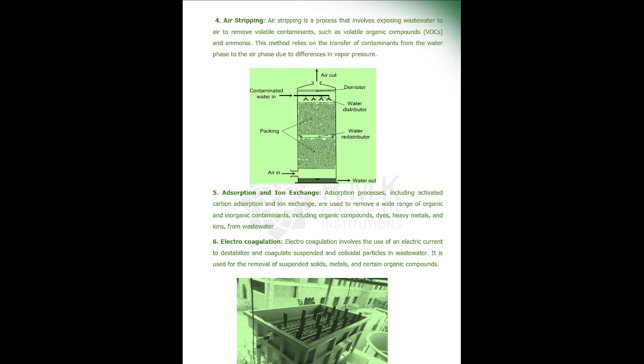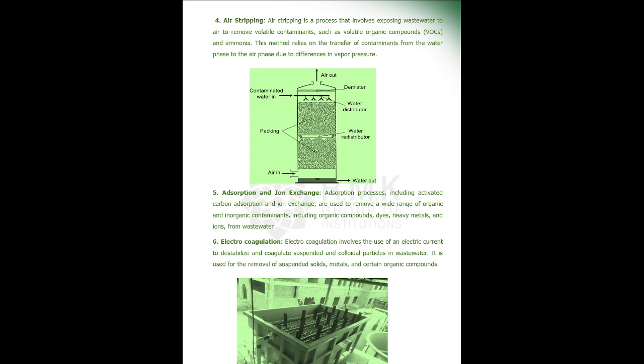When the hot air is sent from bottom to top, all the volatile materials in the wastewater get heated up and become highly volatile, and are evaporated to the atmosphere through the outer pipelines. Then we have adsorption and ion exchange methods to remove highly toxic chemicals like dyes, heavy metals, and some toxic ions from wastewater.